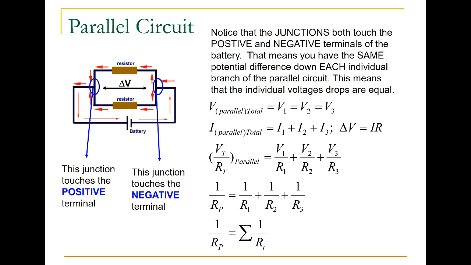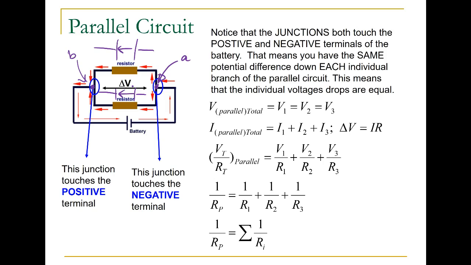Now it turns out that in a parallel circuit, you're going to have the same potential difference down each branch of the circuit. One way to think about this, again, with the electric field analogy, is that if you start at this point right here, we'll call that point A, and you end up at this point, point B, you could be going across an electric field right here, or you could be going across an electric field right here.